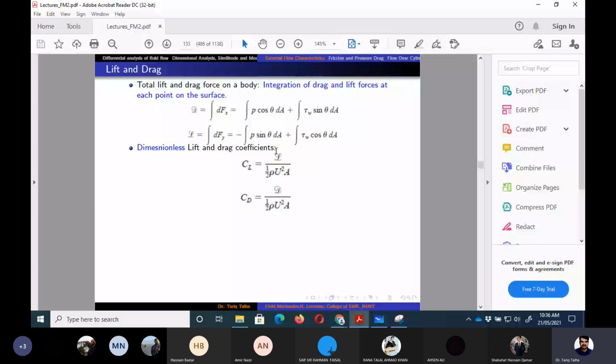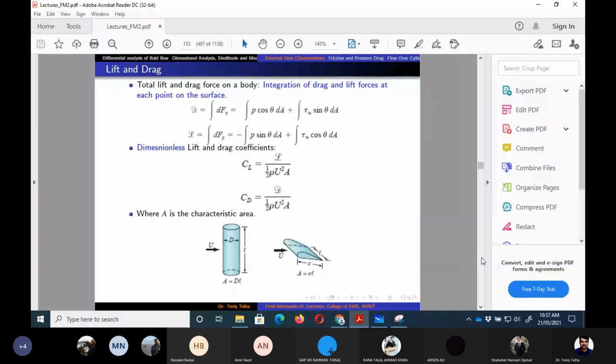Here we have cancelled out the area, because lift force is directly proportional to area, and drag force is also directly proportional to area. So we are cancelling the effect of area, which means it only depends on the shape or orientation.